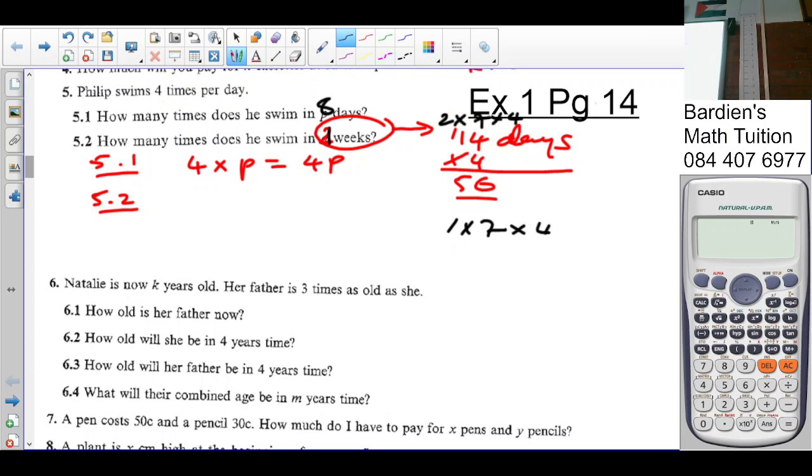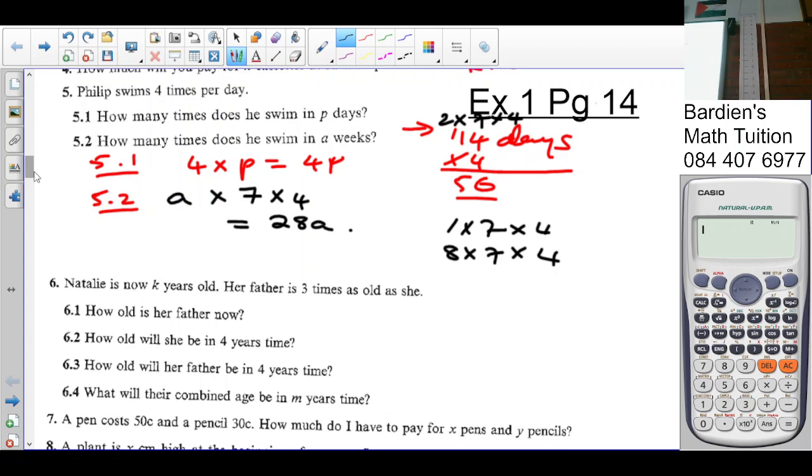If it was 8 weeks, it will be 8 times 7 times 4. But the question was for A weeks. So it's going to be A times 7 times 4, or A times 4 times 7, which gives us 28A. Does it make sense?